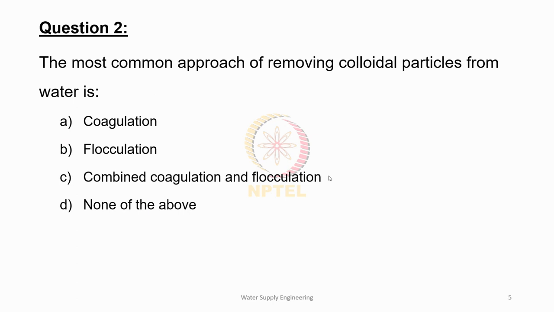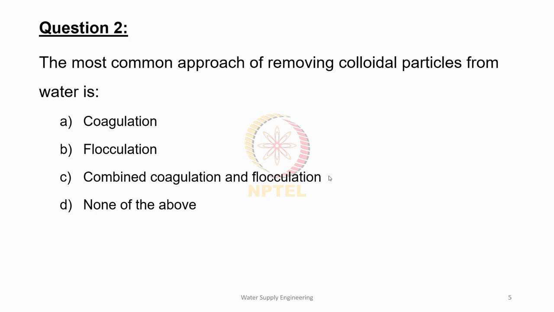Second question is, the most common approach of removing colloidal particles from water is: option A, coagulation; option B, flocculation; option C, combined coagulation and flocculation; option D, none of the above.